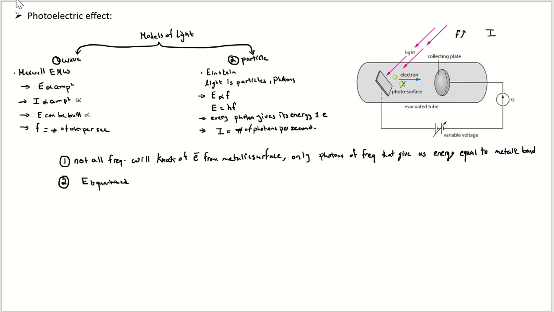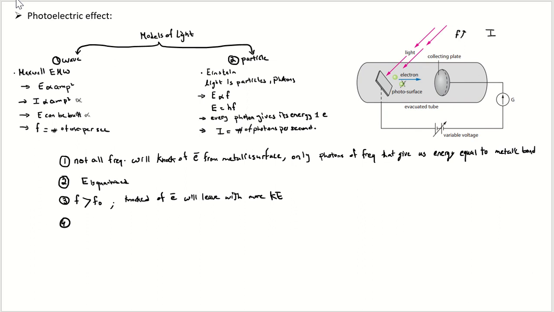And the third thing that we concluded from this experiment is that if the frequency is increased from the threshold frequency, which is the frequency needed to just knock off an electron without having any kinetic energy, then in this case the knocked off electron will leave with more kinetic energy, but the number of electrons is the same.